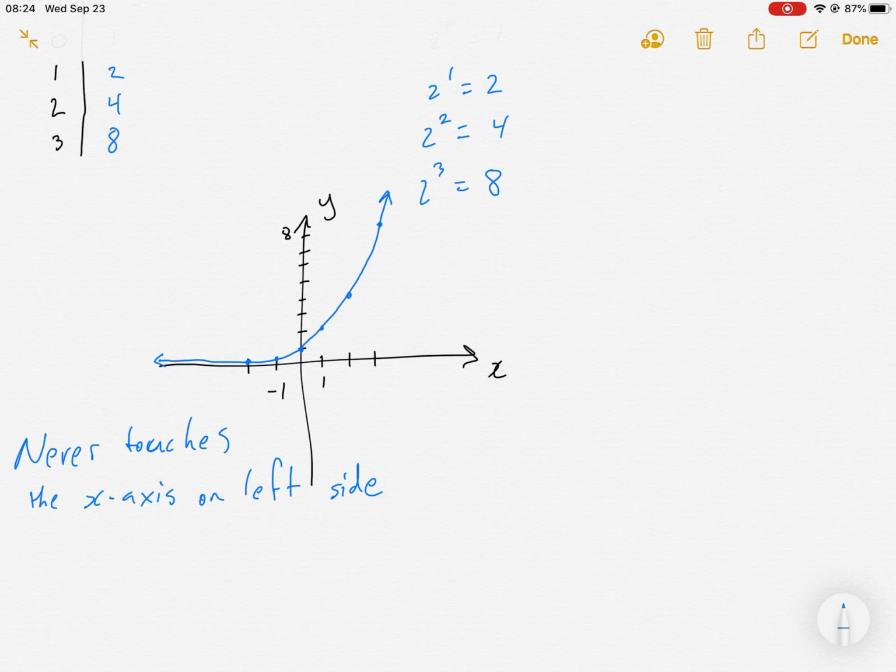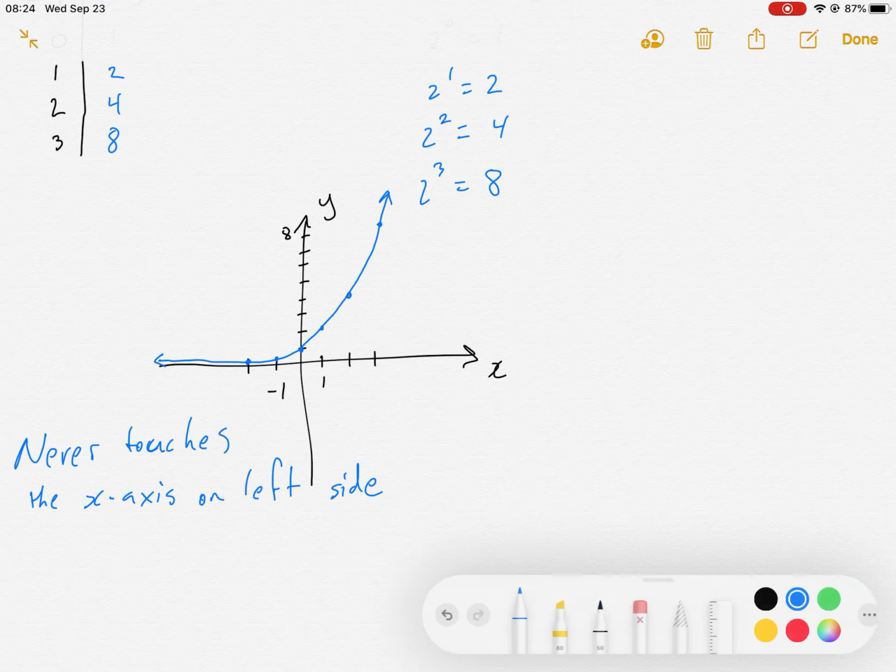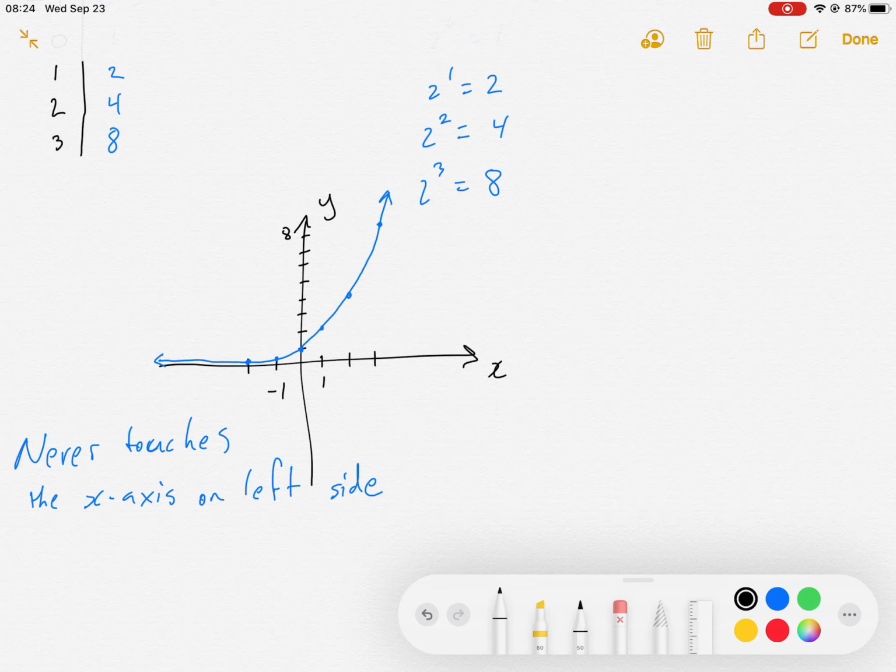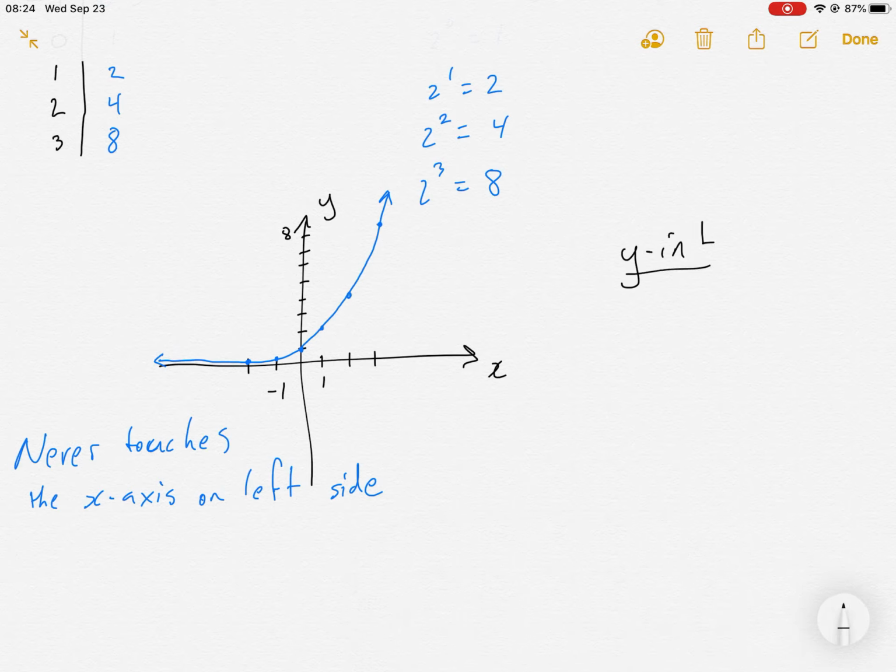Okay. So a couple things to define here. We have our y-intercept at 0, 1. We have the asymptote, in this case, just like we had with rational functions, is the x-axis.